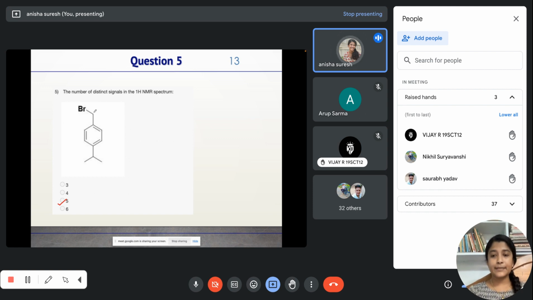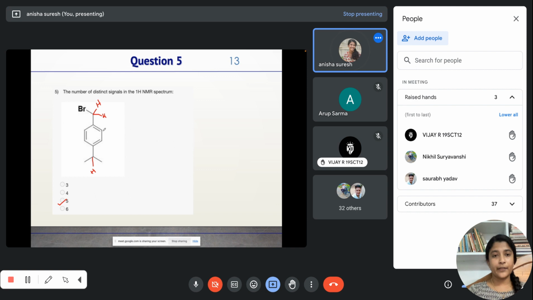If we consider this molecule, there will be 2 protons here, a proton here. Here 3 protons will be there. Here 3 protons will be there. Here 1 proton. Here 1 proton.